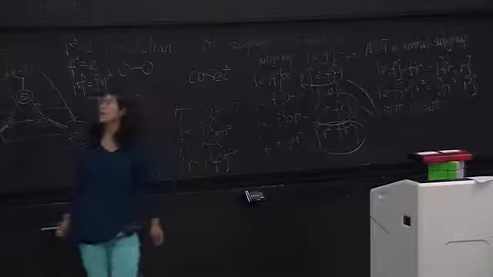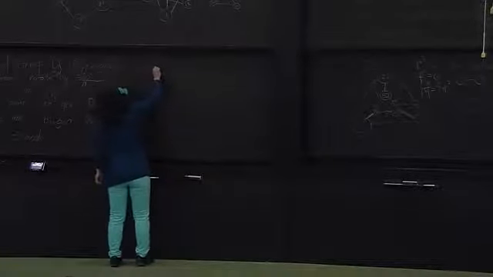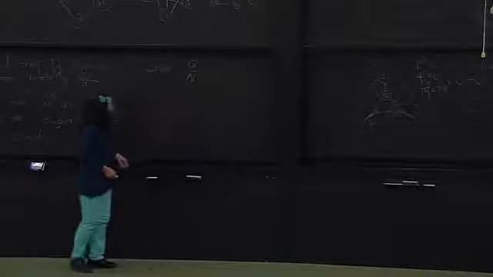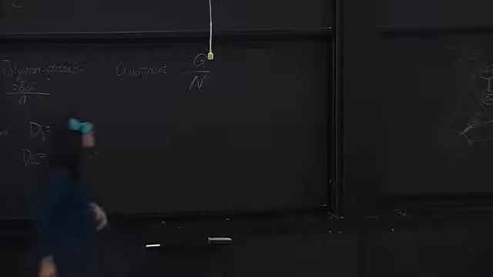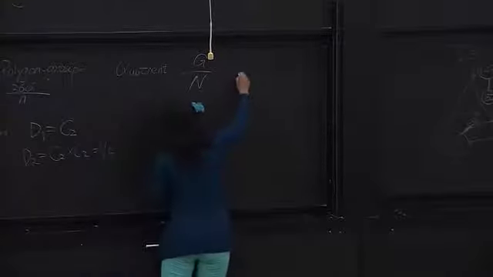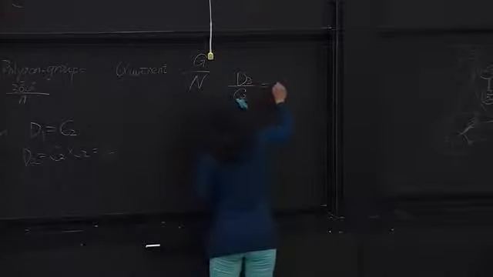And when it is a normal subgroup, we can introduce a new operation called quotient. Quotient says I can divide the original group by the normal subgroup, and this is the quotient, called the group of the cosets. So for this particular example, we have D3 divided by C3 equals C2.